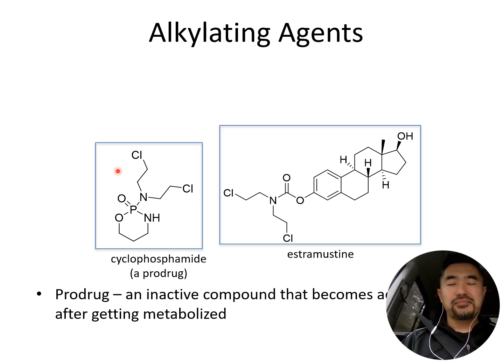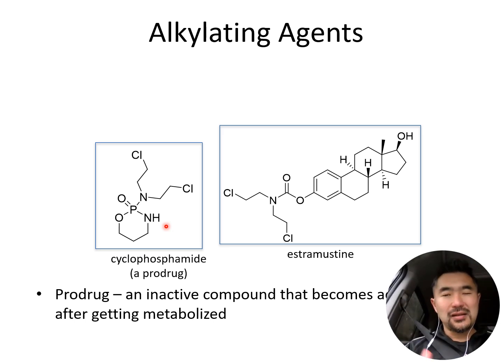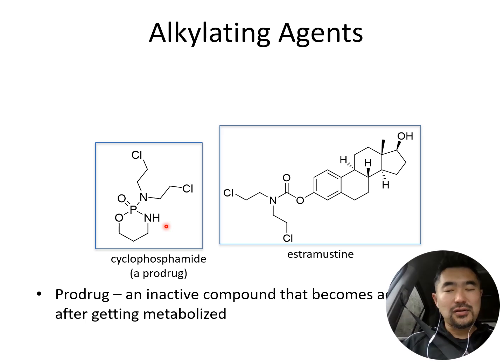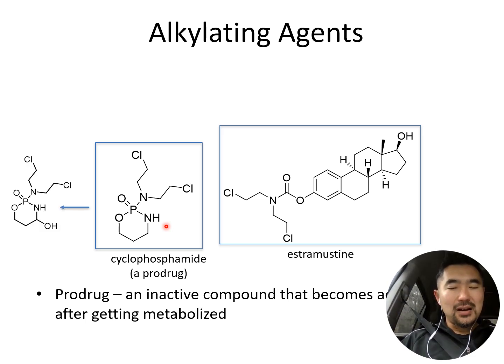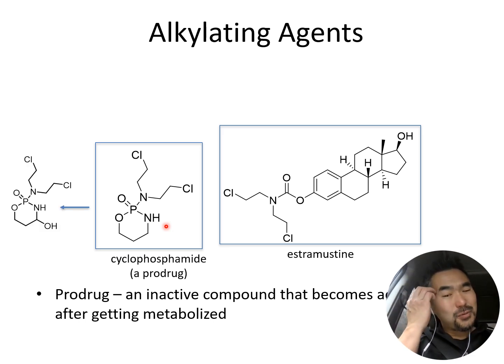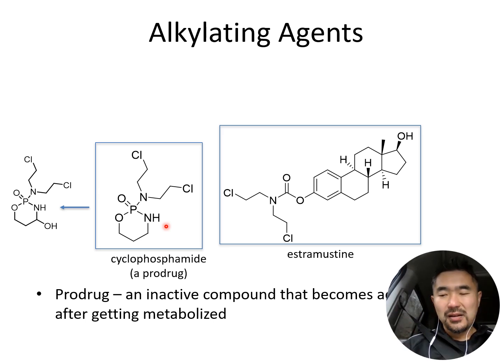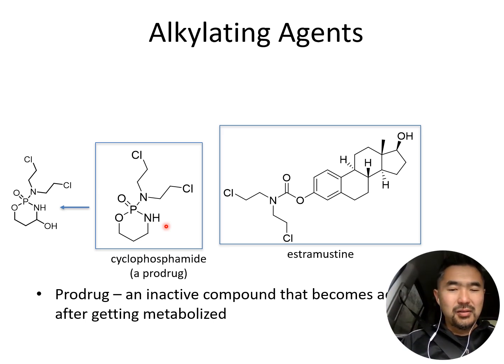And the idea is this compound gets metabolized in your body in a predictable way, so that it's actually the metabolized version that is active. And can you guess what kind of enzyme could do this transformation where you introduce an alcohol on an alkane? If you guessed cytochrome P450, you would be correct.